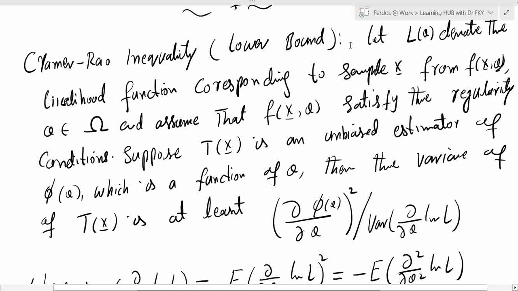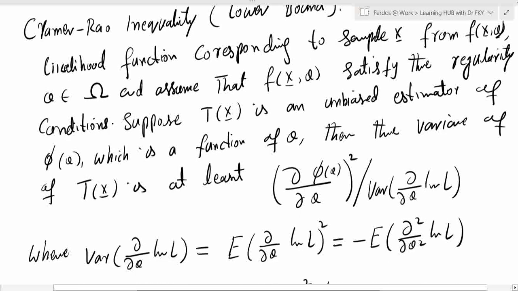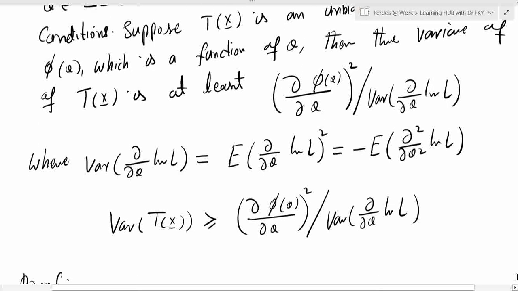Theta belongs to some parametric space, and assume that f of x satisfies the regularity condition. Suppose T of x is an unbiased estimator of this function of the parameter, then the variance of T of x is at least this one. So we need to prove this one, and the final version is this one.